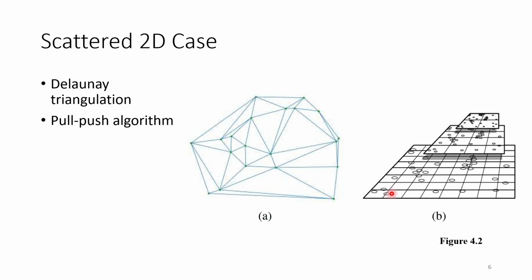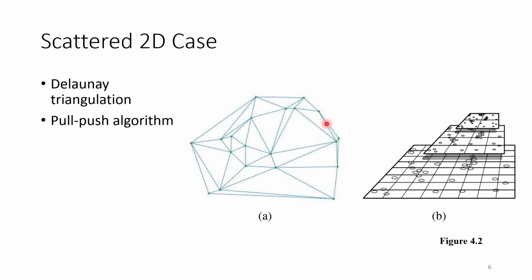How do you interpolate those points to the whole image? This is the first example. Another example is if you have some data points, how do you generate an image from those scattered data points? So this is the scattered data interpolation problem.